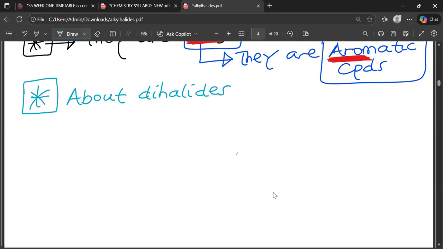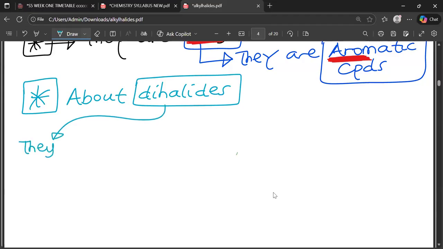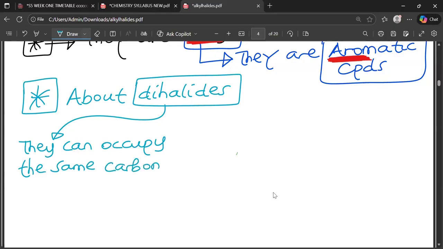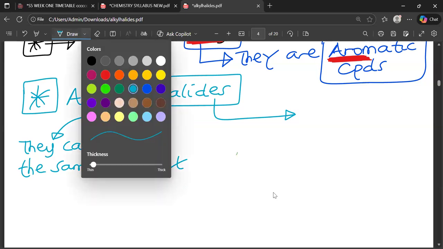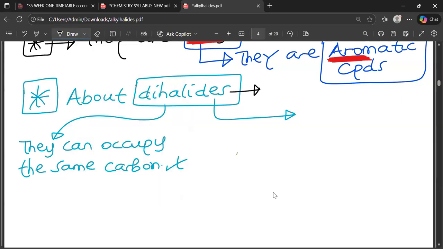About dihalides, they can occupy the same carbon. With dihalides, we always mean that there are two X's.